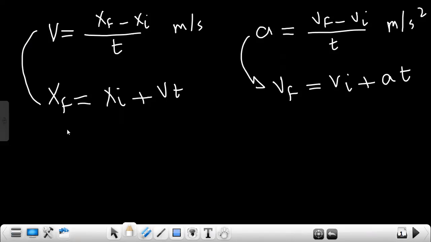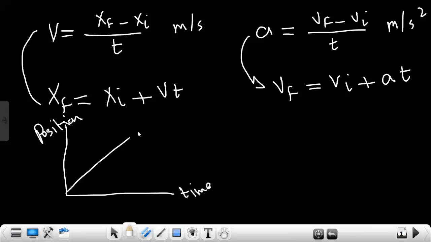And here, the graph, when we write position versus time, if you have a line, the slope of the line will equal the average velocity.